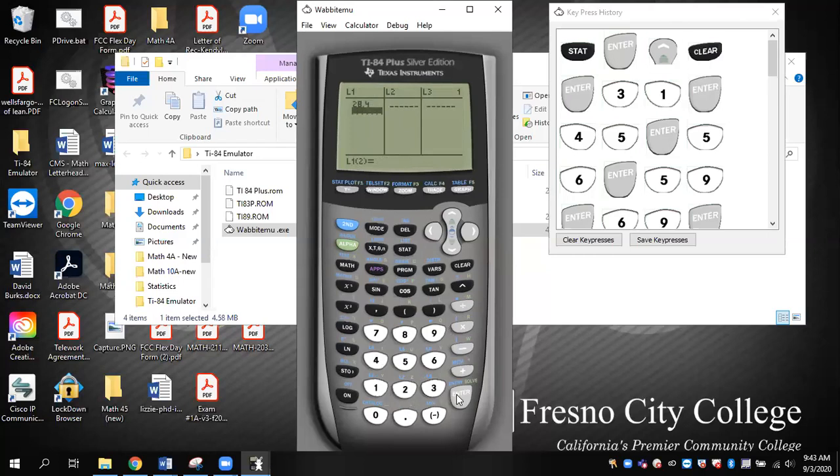28.4, enter. My next number is 31.4, enter. 39.5, enter. 47.6, 44.8, 34.7, 33.1, 44.5, and 38.3.